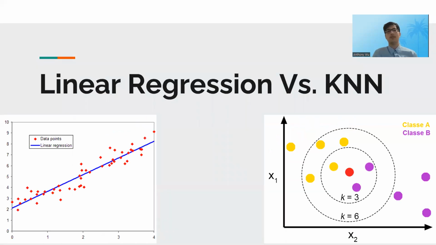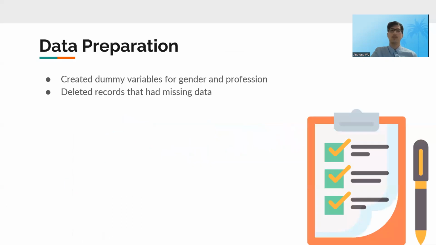Now I'm going to be talking about the models we use on this data set, which is linear regression and KNN. Before we put any data into our models, we have to first prepare the data.